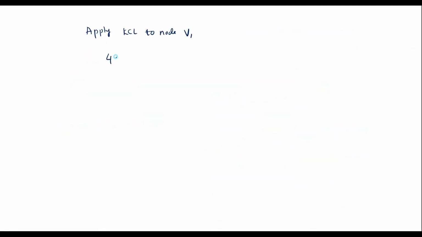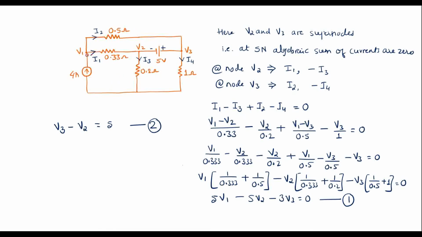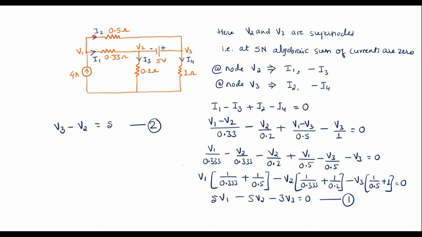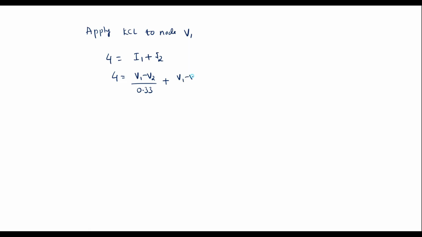I can write 4 is equal to I1 plus I2, that is 4 is equal to I1 is nothing but V1 minus V2 divided by 0.33, plus I2 is nothing but V1 minus V3 divided by 0.5.